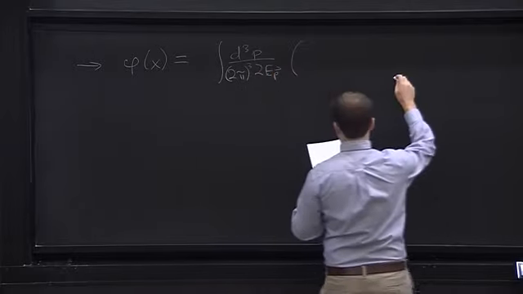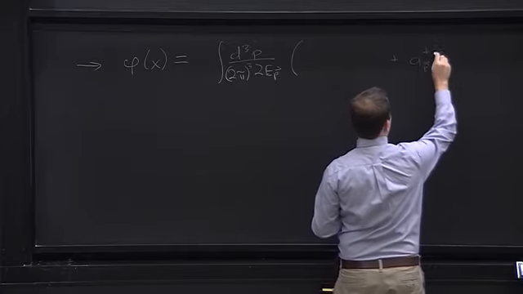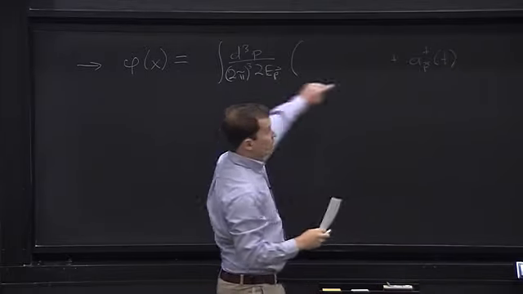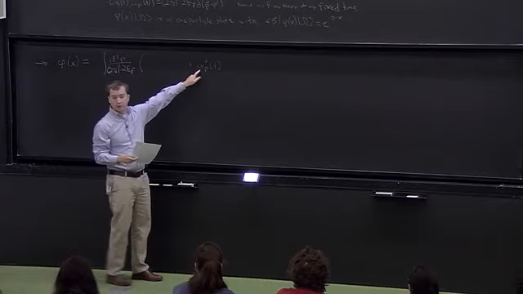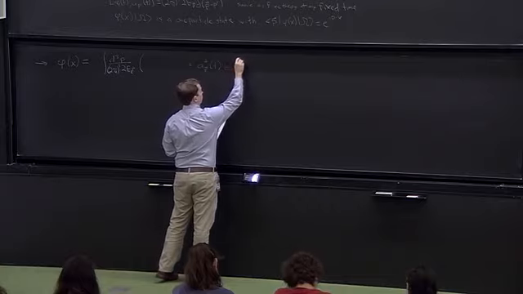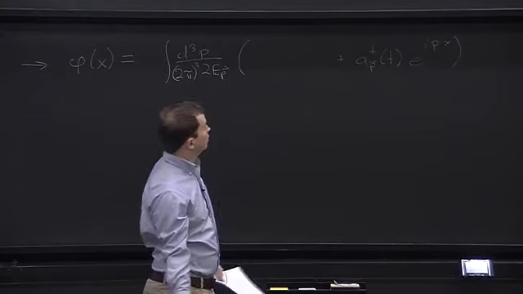We'll have a term a_p dagger of t. It has to be linear if we want it to be a one particle state. The coefficient needs to be e to the i p dot x if we want the form factor to be correct.